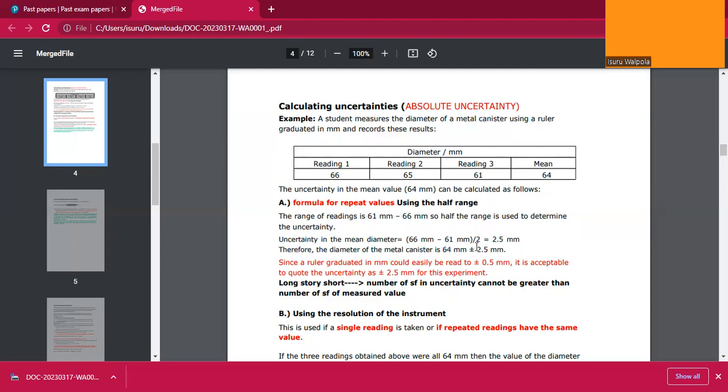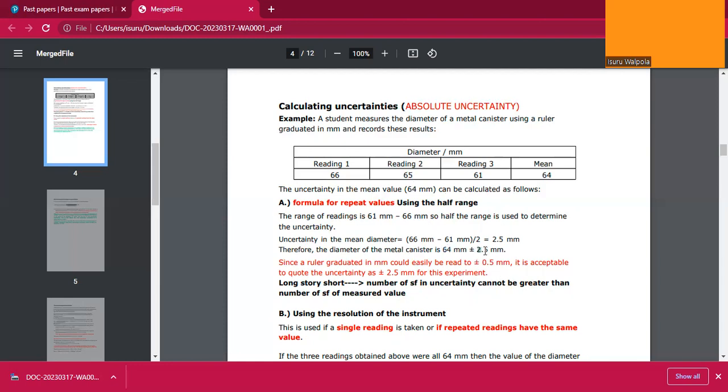Now here there is some confusion. This is just a bit of a tangent, but this uncertainty has two significant figures. If it was added or subtracted from this 64, you would get 66.5 and 61.5. So 66.5 and 61.5 have three significant figures, but the readings here have two significant figures.